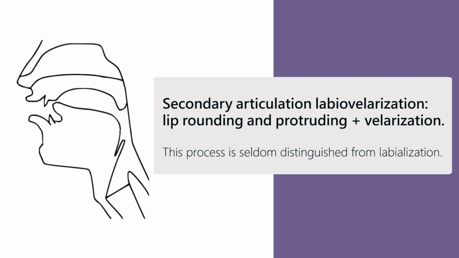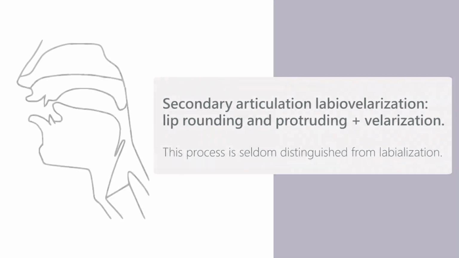So in a way, often labialization is not just labialization, it's labiovelarization, which means lip rounding and protruding plus velarization, which is raising the back of the tongue towards the velum. However, this is seldom distinguished from labialization. So unless you want to be really into detail, people just go with labialization.